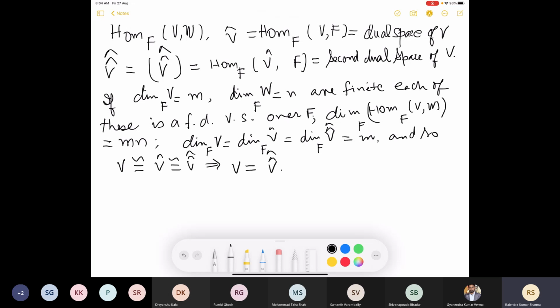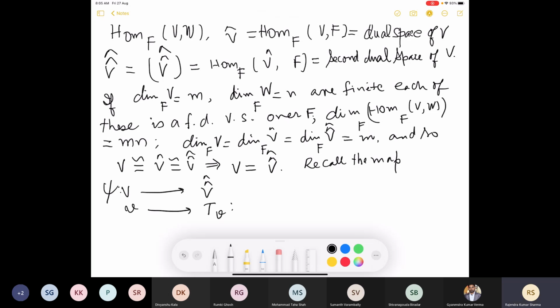And one such map we also obtained. Recall the map: the map was V to V hat hat, which is say psi. So psi goes v to the map Tv.